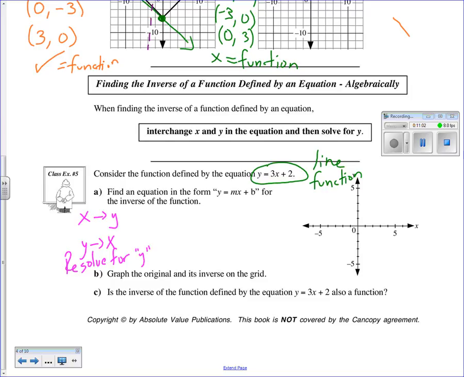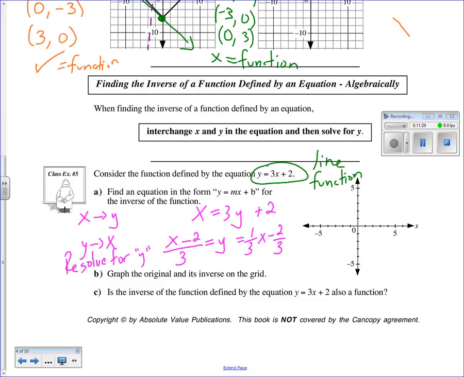So I'll do that in blue. My y now is going to become known as x. My x is going to become known as y. And then I have to resolve for y. That gives me y equals (x minus 2) over 3, which is the same as 1/3 x minus 2/3.